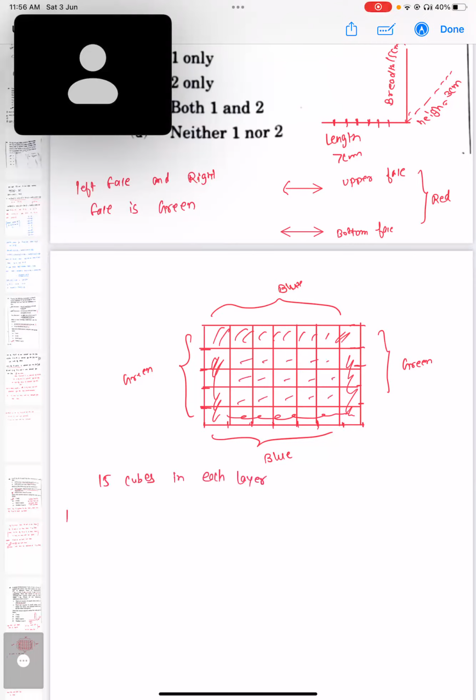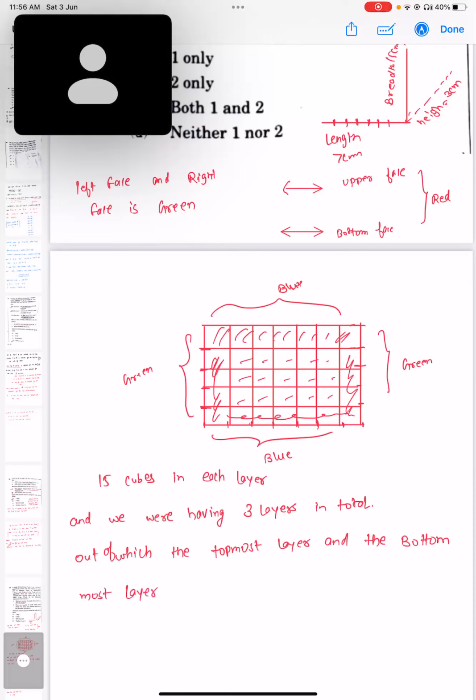And we were having 3 layers in total, out of which the topmost layer and the bottommost layer were painted red, so they have to be excluded.